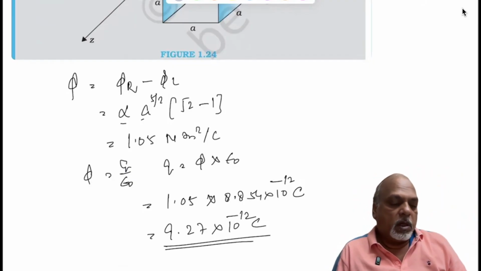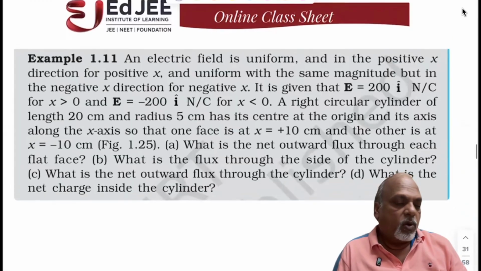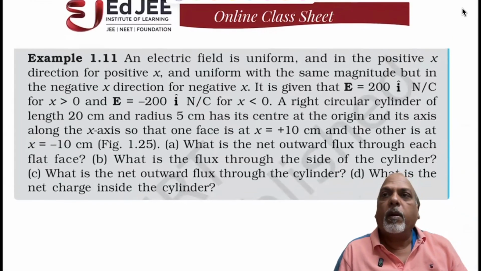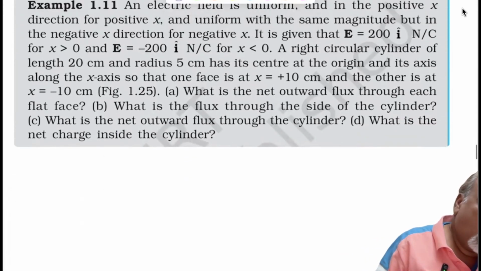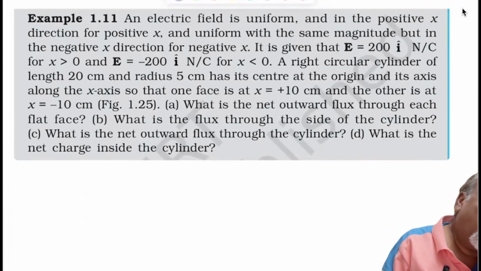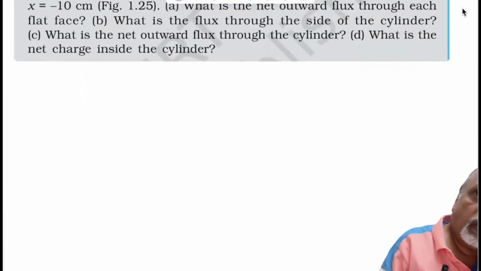Now, let us go. There is one more question. We have an electric field, uniform, positive. A right circular cylinder of a given length has its center axis around it. What is the net outward flux?